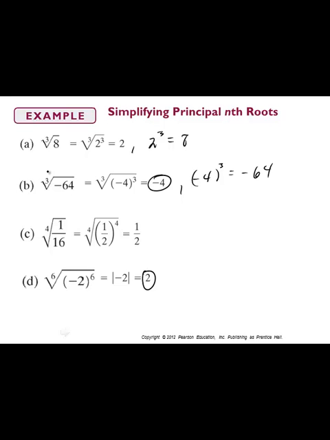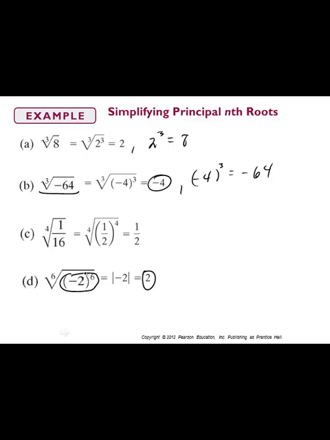Now, when you take odd roots of negative numbers, the result will be negative numbers. But when you're taking even roots, the result is always going to be some non-negative number.